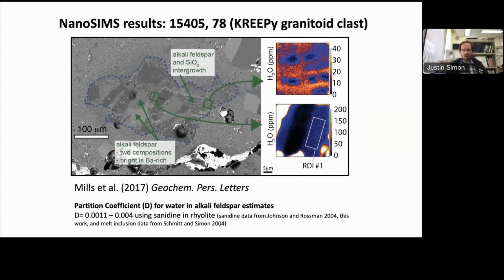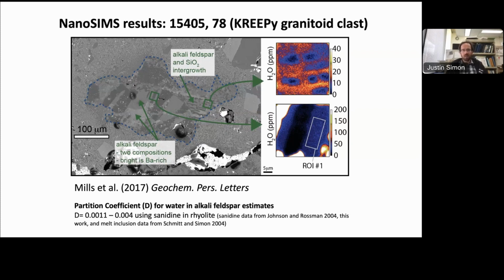And so what we found was looking at the regions that were feldspar and SiO2, which were intergrown in this granitic clast or felsite clast, we found considerable amounts of water. Again, these are nominally anhydrous minerals, but the feldspar had 20-ish ppm water, and the quartz had, or the silica had, much less, but still some.